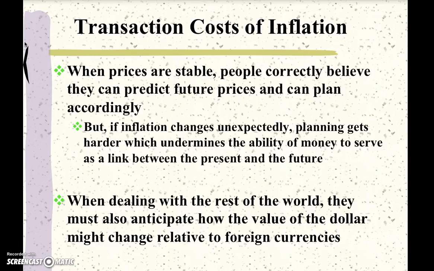But if inflation changes unexpectedly, planning gets harder, which undermines the ability for money to serve as a link between the present and the future. So if prices are unstable, it's difficult for you to plan. When dealing with the rest of the world, they must also anticipate how the value of the dollar might change relative to other foreign currencies, because it's going to affect also your export capacity, as the case may be.